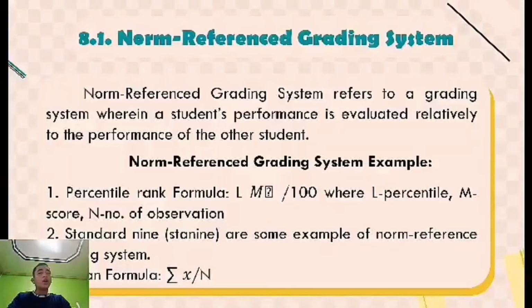A norm reference grading system, as the word says, it is norm, meaning it's the standard of the group. So the basis of scoring is the group standard, which means that the score of one student or one person depends on what the whole group or class will be able to get.